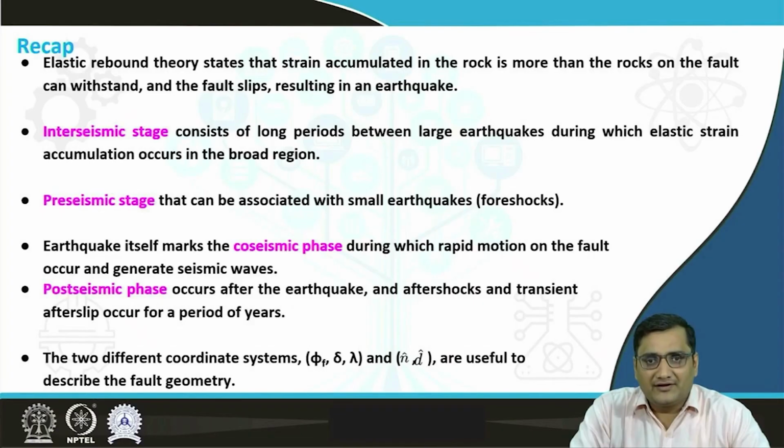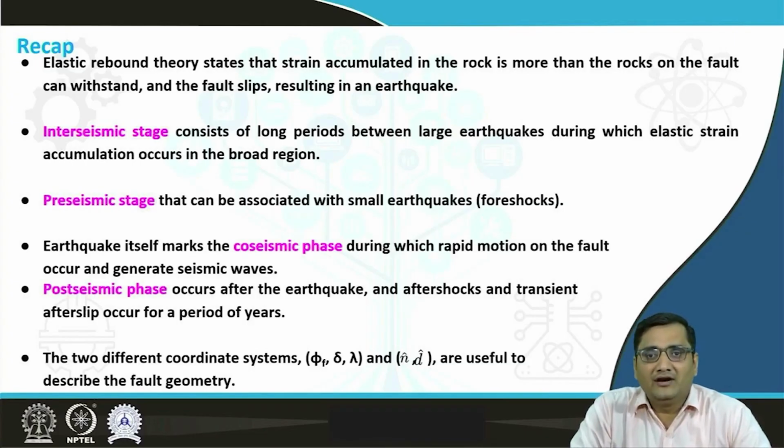In the final stage, the post-seismic phase, which occurs after the earthquake, the aftershocks happen and also the transient afterslip occurs for a period of years, and then the fault moves back into the interseismic stage. So this is the seismic cycle that the elastic rebound theory follows.